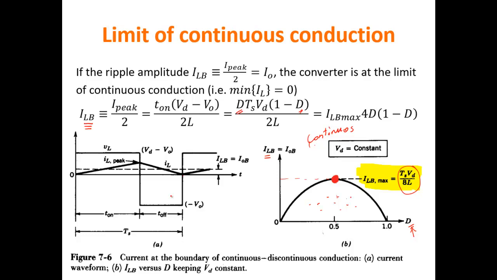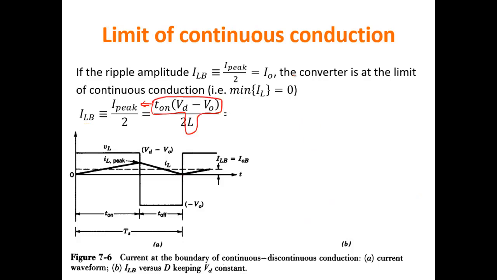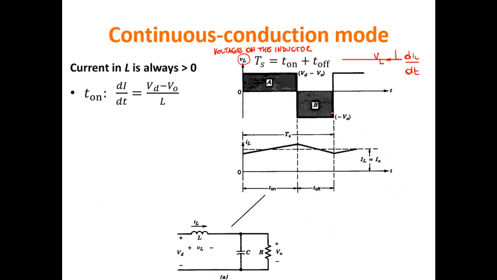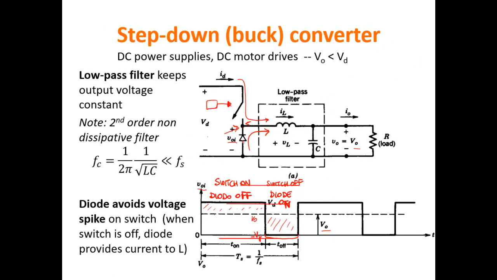Let me go back a little bit. Look here. During T off, the current in the inductor is passing through the diode. And of course, the current through the diode cannot be negative. If the current in the inductor goes down and even tries to become negative, then the diode goes off and does not provide any current. So the current, instead of going negative, goes to 0.